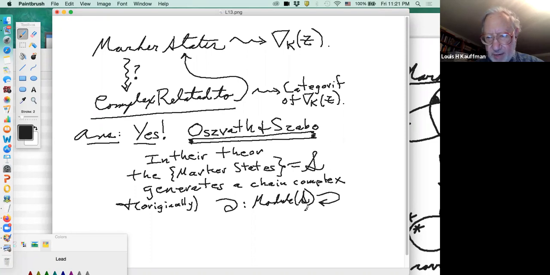I'm not worrying about grading, remember. So homology is just a module with a mapping, or it's a square zero to itself, right? You can worry about the grading.